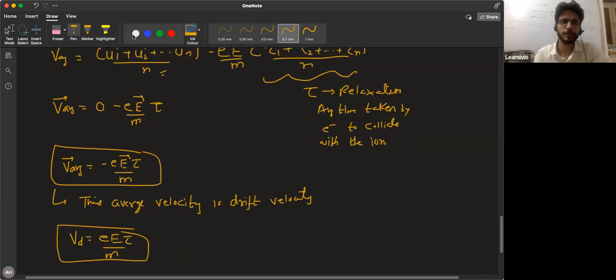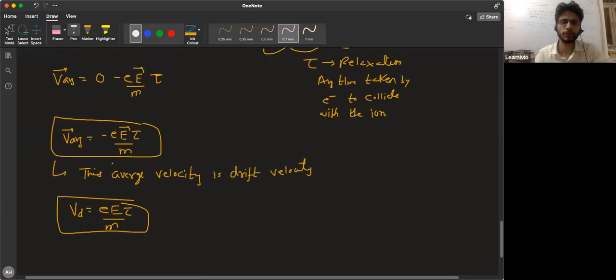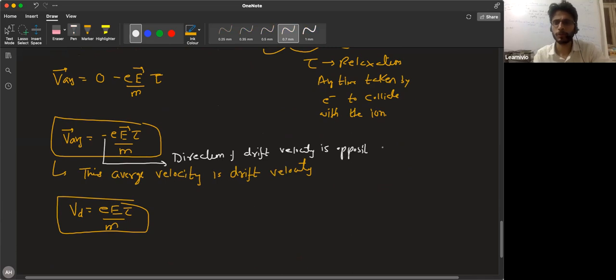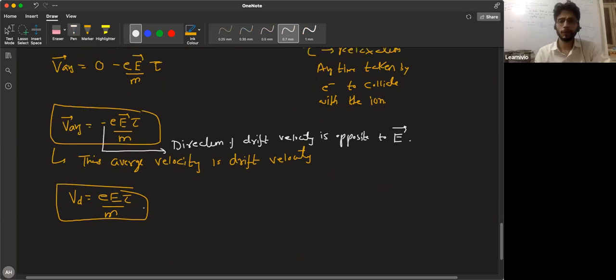And this negative sign shows the direction of drift velocity is opposite to that of the electric field. So this is the average velocity with which electrons drift towards the positive end of the conductor.